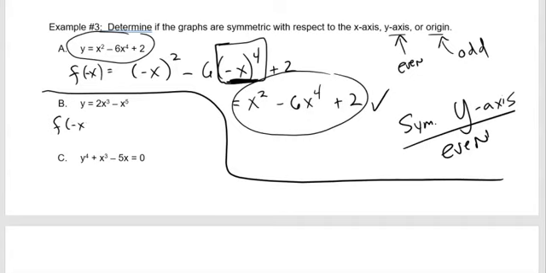F of negative x. This one's a little more complicated. Let's give myself a little more room here. F of negative x. So that is same idea. Plug in negative x anywhere you see an x. Remember, I started these the same way, and then I'm just looking at what I get as a result.